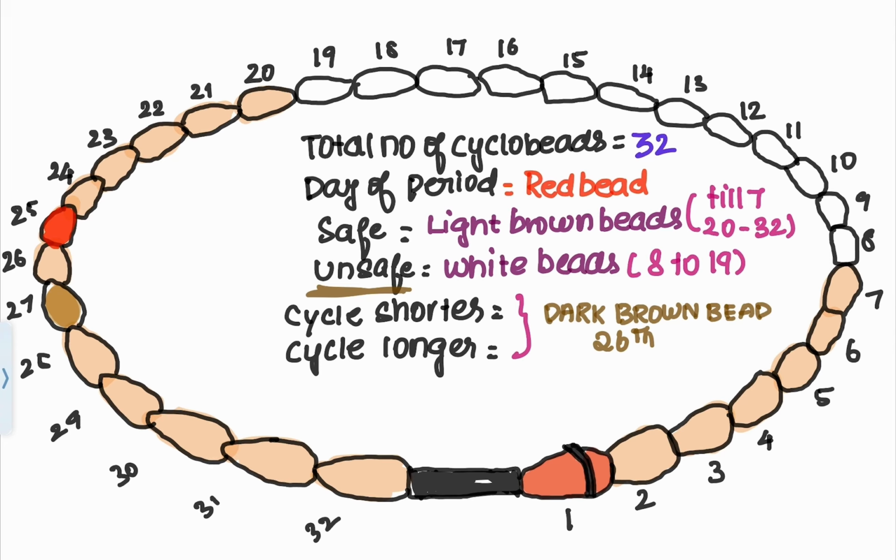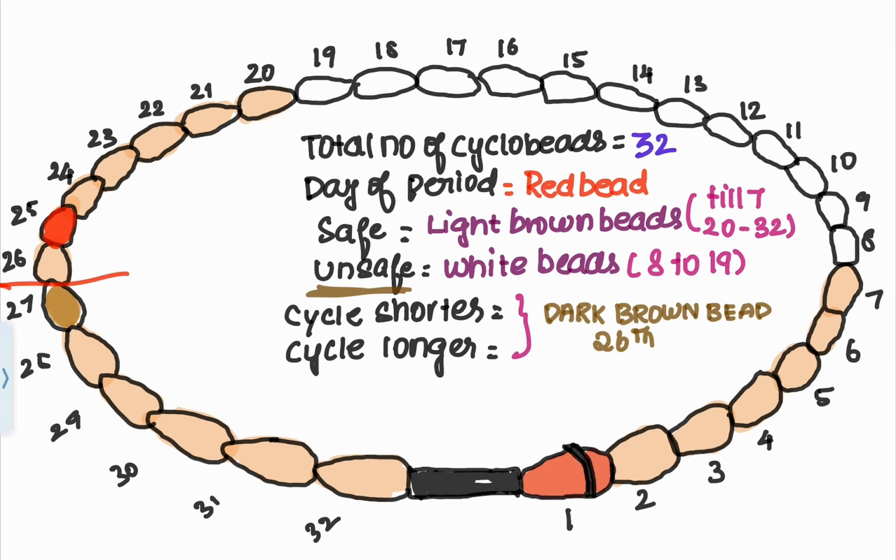Then the use of this 27th dark brown cyclobead tells you that the actual length of this female's menstrual cycle is less than 26 days. So only if it is less than 26 days will she experience menstruation on the 25th cyclobead, right? So if menstruation occurs before the 27th cyclobead, it tells that the cycle length of this female is less than 26 days.